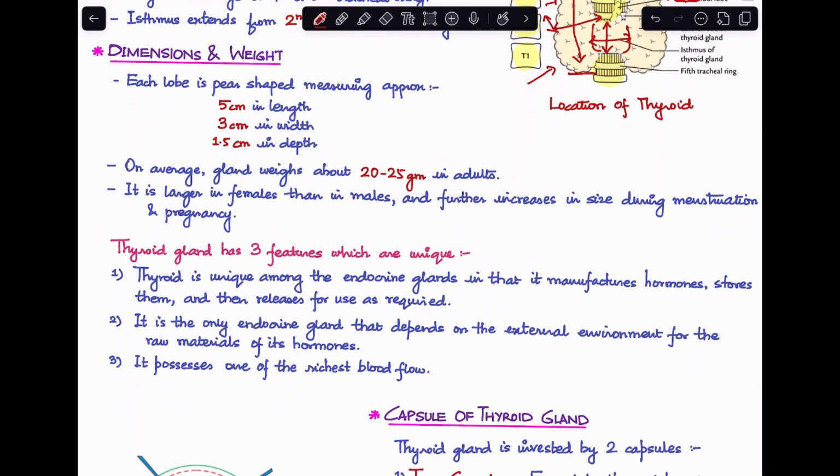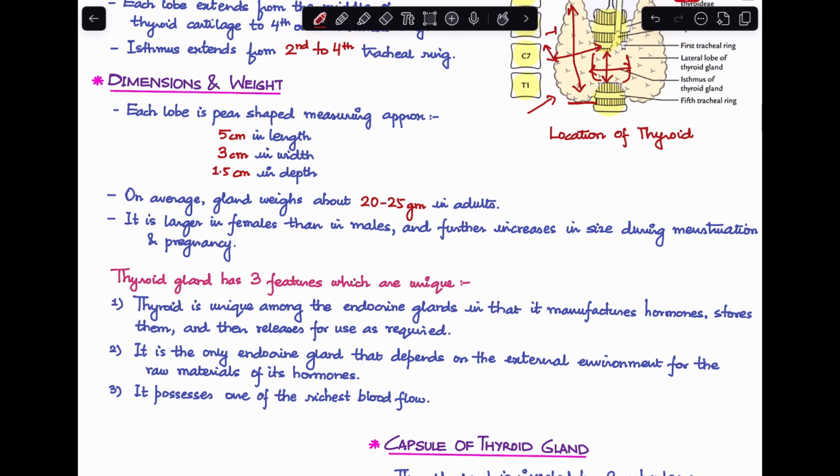Okay, before that, I was telling you about the three unique features of thyroid gland. Amongst all the endocrine glands that we know, thyroid is unique in the way that it not only manufactures its own hormones, it also stores them and then also releases them for use as required.